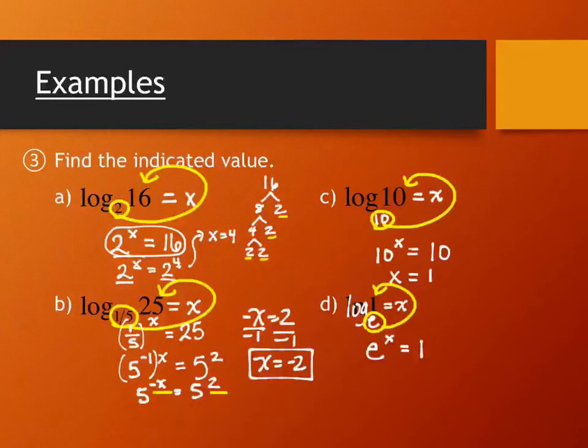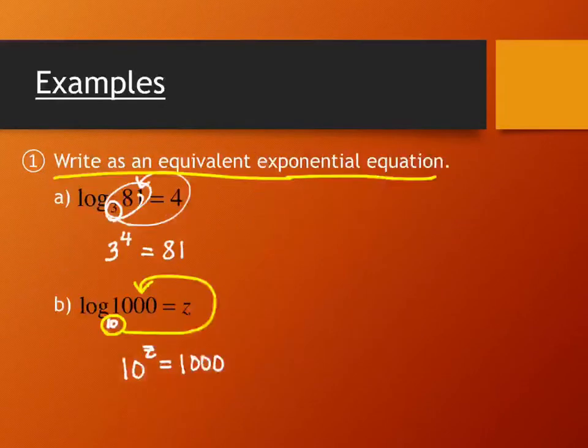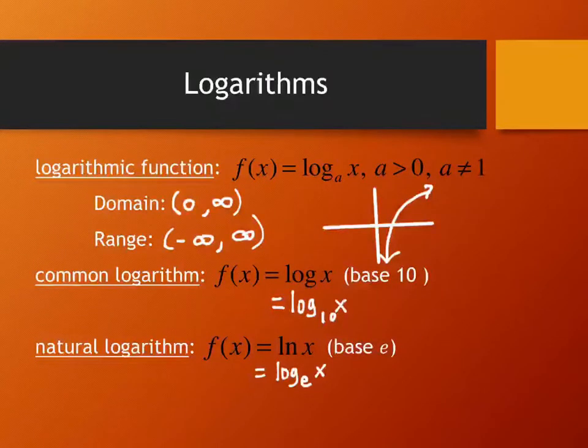When I have any base to the power x equals 1, what power makes that happen? 0. Any non-zero value to the power 0 is equal to 1. And also, we know that our base is always going to be non-zero. That was how we defined our log functions over here. Did you notice that?